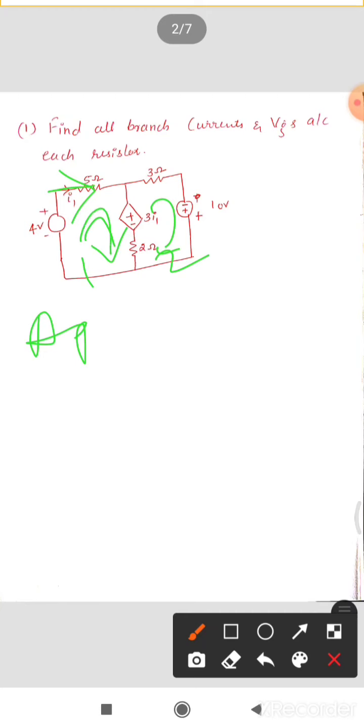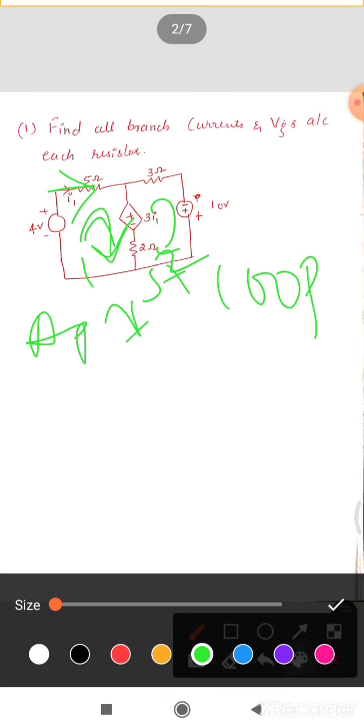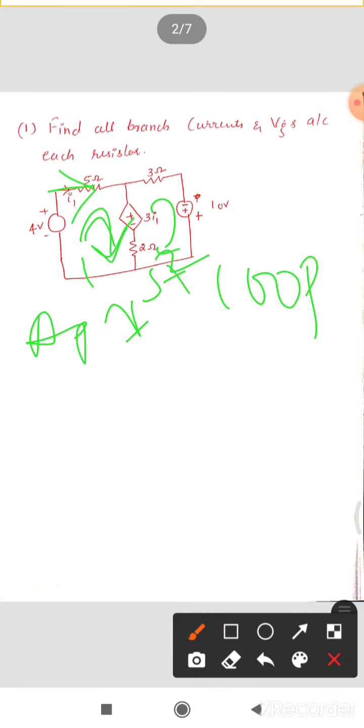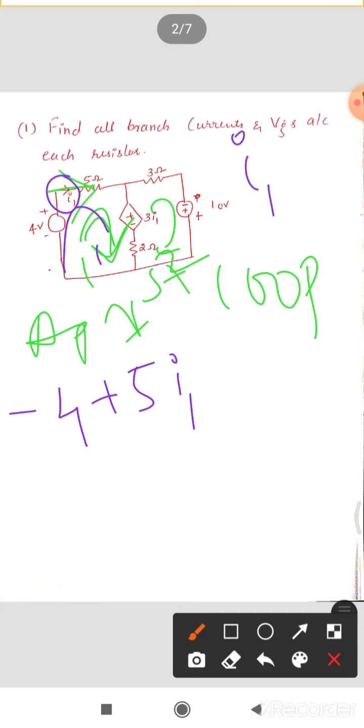When applying KVL for the first loop, let's start from here: minus 4 volt plus 5 I1. As I said, I am taking I1 for this and I2 for this, so this I1 and this I1 are both the same for us.